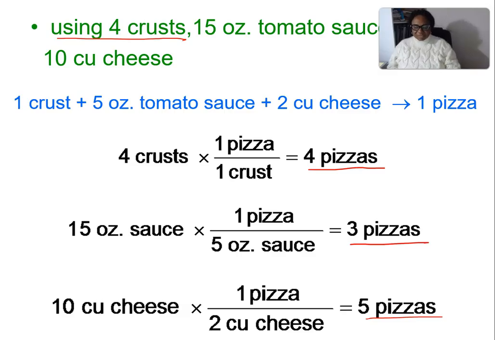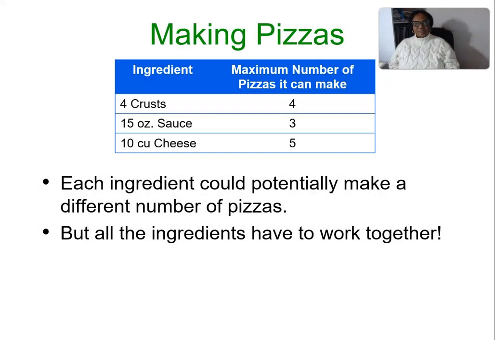But the difference is that all these substances have to work together to give us a pizza. So how many pizza are we going to have? In summary, this is the maximum number of pizza we can make from each ingredient. Each ingredient could potentially make a different number of pizza, but all the ingredients have to work together.